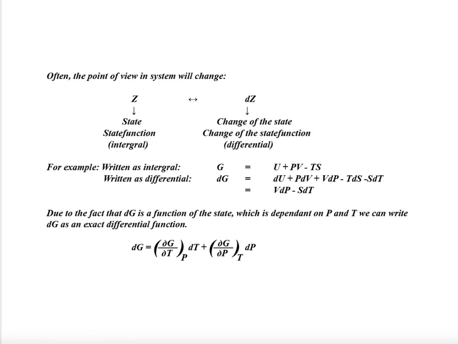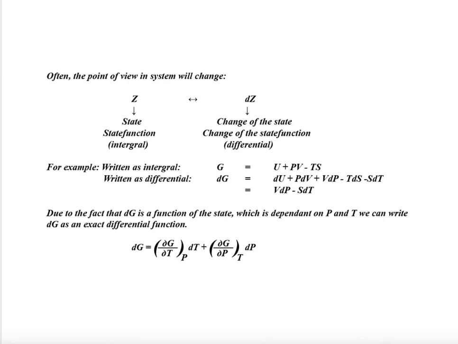Very often while we are doing our calculations, the point of view in a system will change. So we have Z, which we are using to describe the state, and the resulting state function is then an integral function. You know the integral function from school, and now also from the math class in the first year at the university.